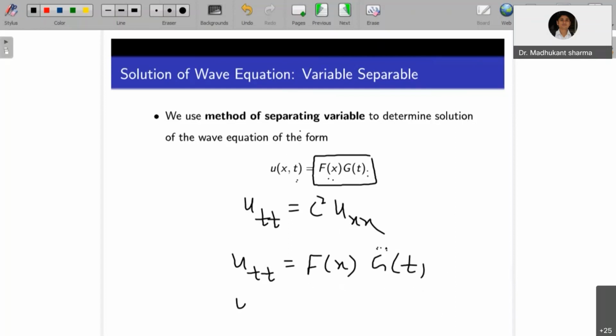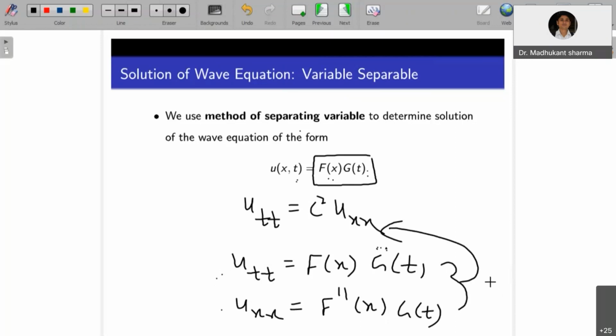And uxx is going to be equal to f double dash of x times g. So you have both pieces of information. Now you can substitute these two here and see what will happen.